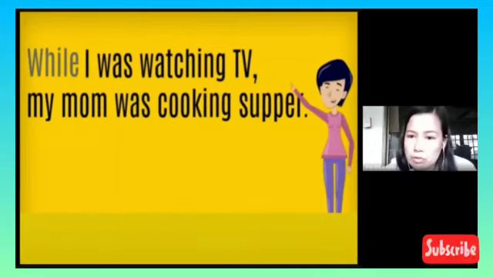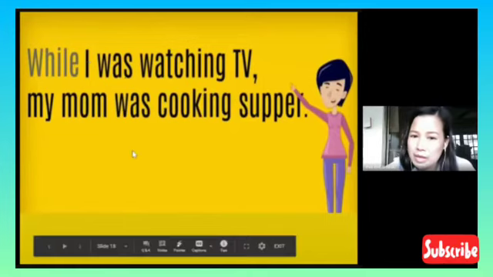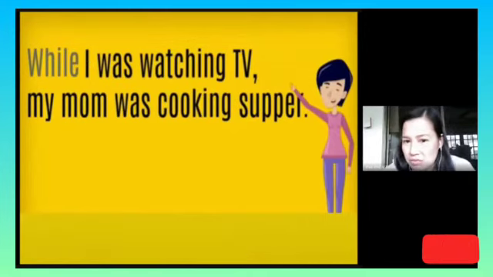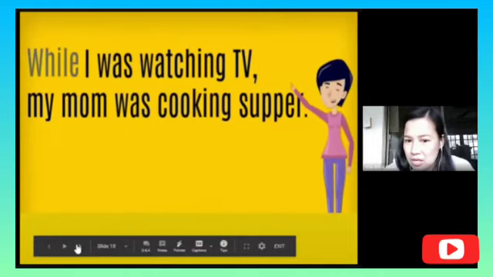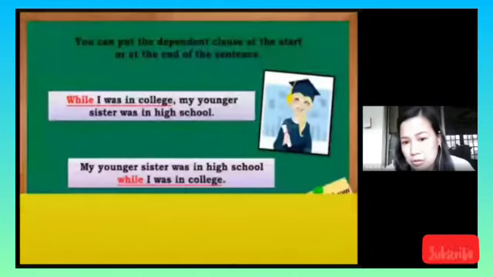My mom was cooking supper, nagluluto ng dinner si mommy. While I was watching TV, habang ako nanonood ng TV. Kung babaliktarin mo yan, pwede naman. Ganun pa rin. My mom was cooking while I was watching TV. Okay? So, paano mo yan? May rule dyan. May tamang way na pagsulat dyan. Ito yun.